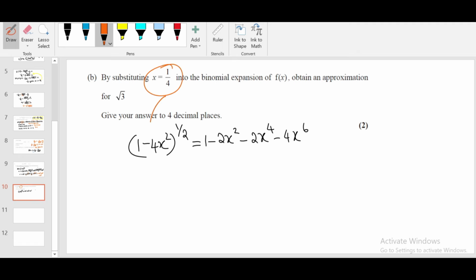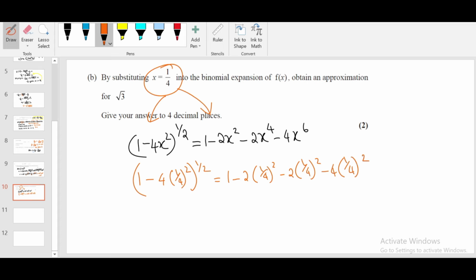So sub in this on both sides. So here when you sub in, it's going to be 1 minus 4 times 1 over 4 squared to the power half is equal to 1 minus 2x square minus 2x power 4 minus 4x power 6.